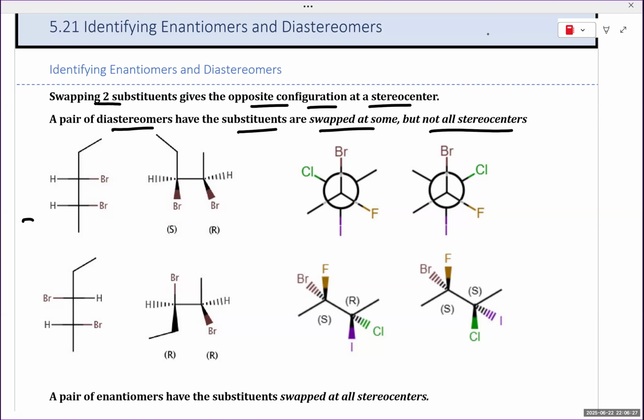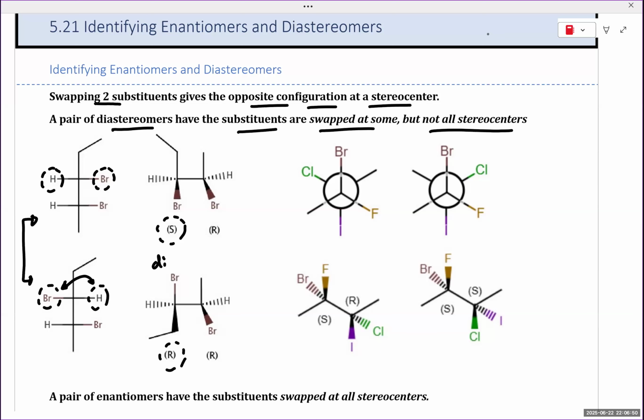For example, if we compare these two Fischer projections, you can see that the bromine and hydrogen have been swapped at the first stereocenter, giving us the opposite configuration at one of our stereocenters, but not all.